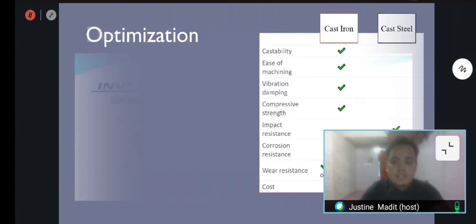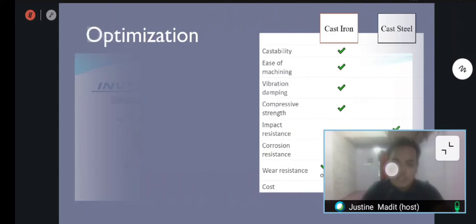The difference between cast iron and cast steel is that the castability of cast iron is much easier, and the ease of machining of cast iron also is easier because it is much softer compared to steel. Vibration damping means it can absorb vibration better than cast steel, just like the Captain America shield.